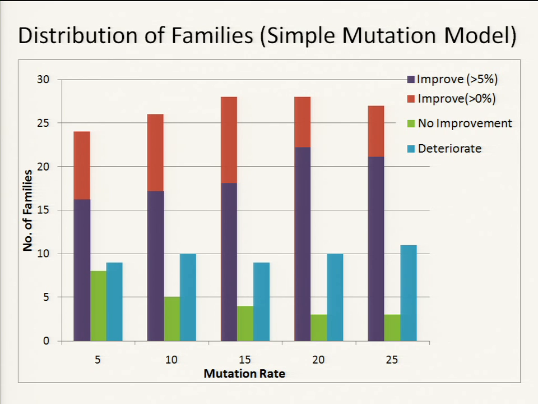You can see the number of families that improve is way higher than the number that deteriorate, and it increases with the mutation rate. We are also using the number of families that improve performance at 0.5 to 20% mutation rate.